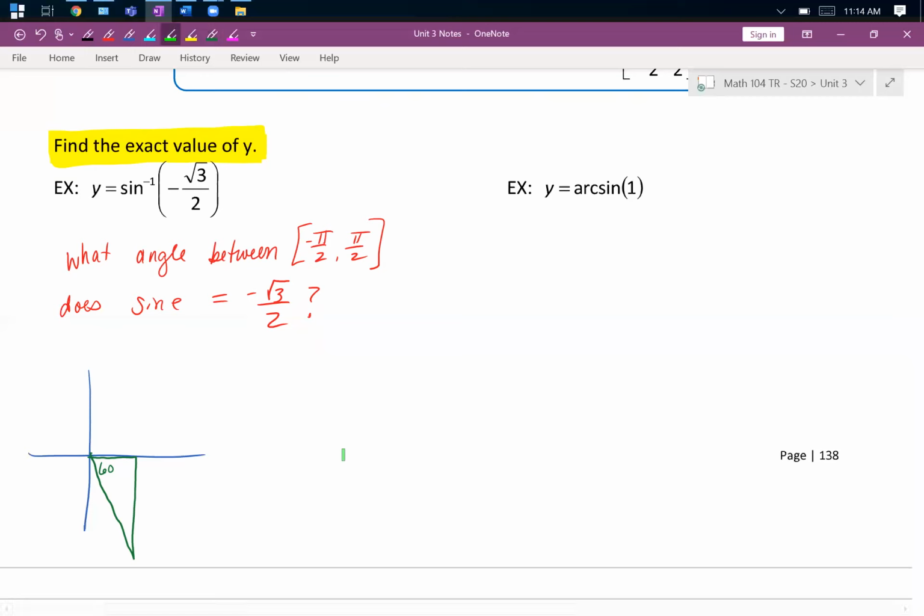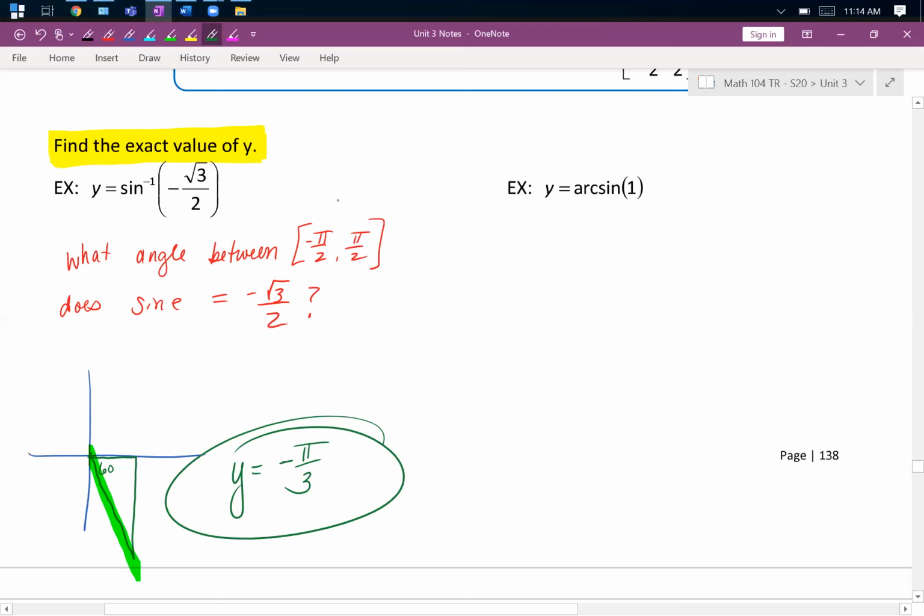And that'll be our answer. But you have to be careful, because we need to label it. It has to be something between -π/2 and π/2. You can't give me 300 degrees. You can't give me 5 pi/3. We would have to be -π/3 for our answer here. Because it has to be within this interval from -π/2 to π/2.